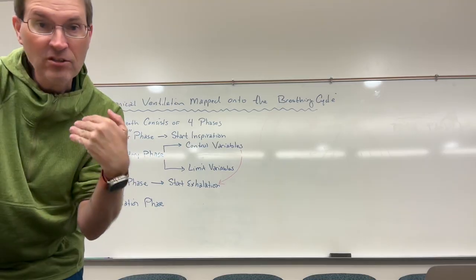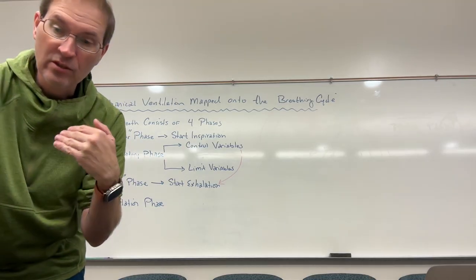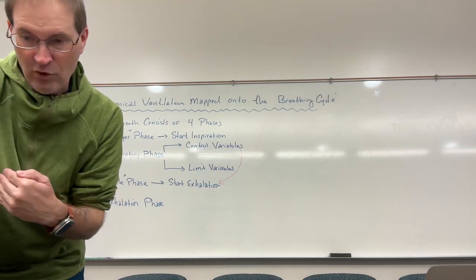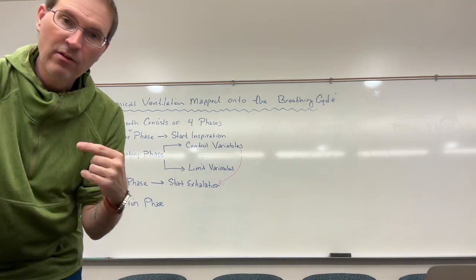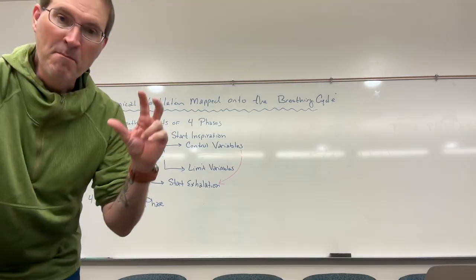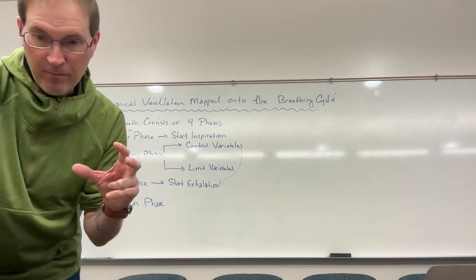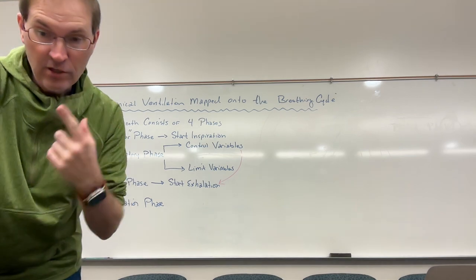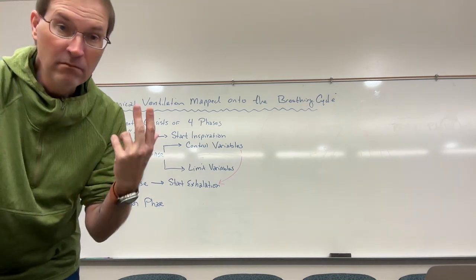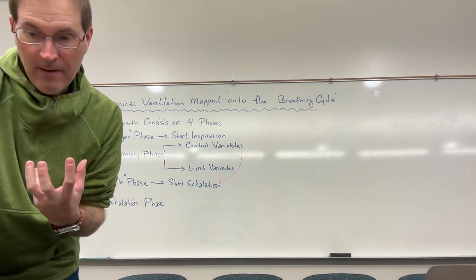We can set certain constraints or certain limitations, if you will, right? During an inspiration, we can tell the ventilator what is the maximum value of something allowed. It may be pressure, it may be volume, maybe flow, something like that, right?